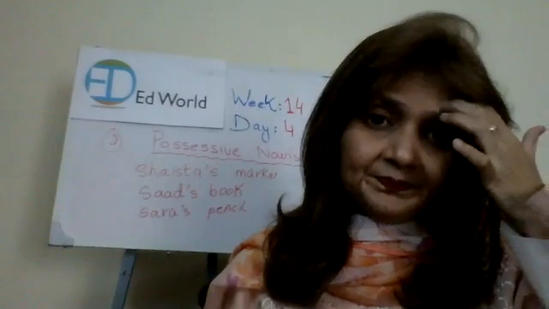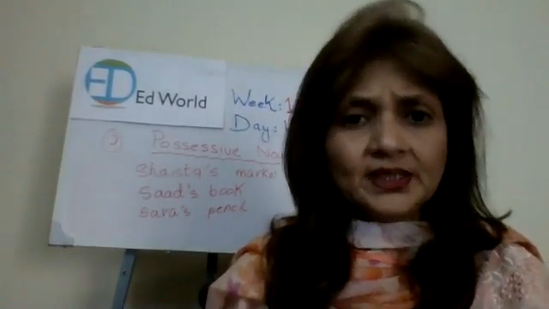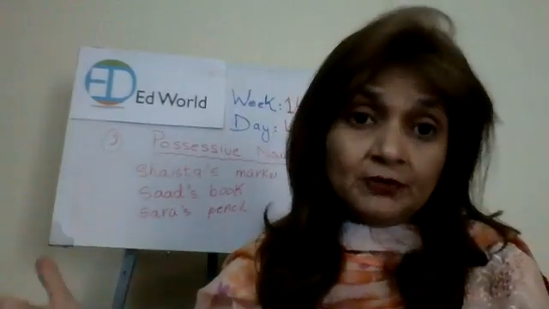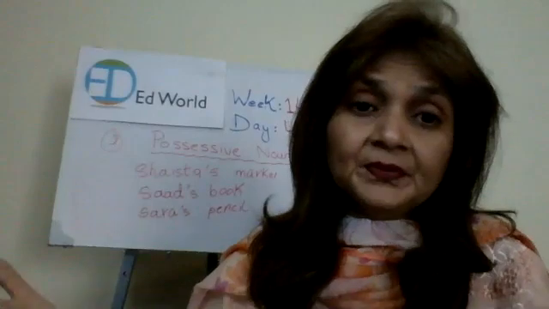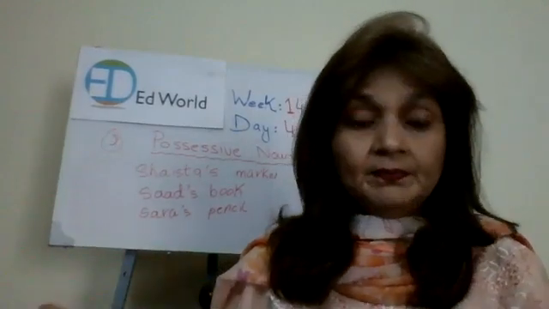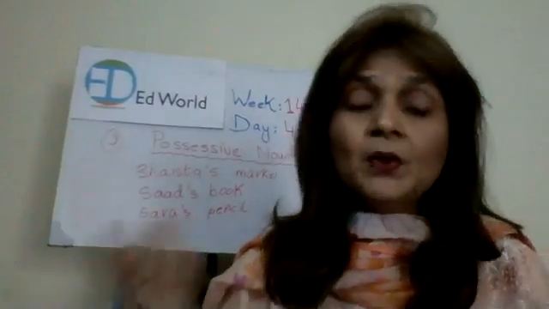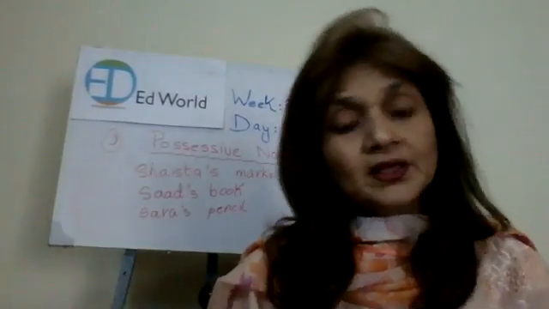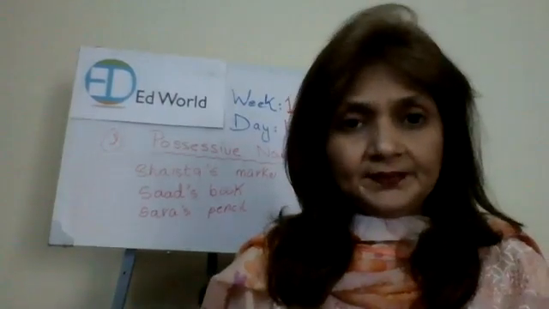You understand? Yes, like your mom must be having her own cell phone, so you can say my mom's cell phone, my dad's keychain, my dad's keys, my mom's lipsticks, my mom's colors. So it shows who owns that thing, right?